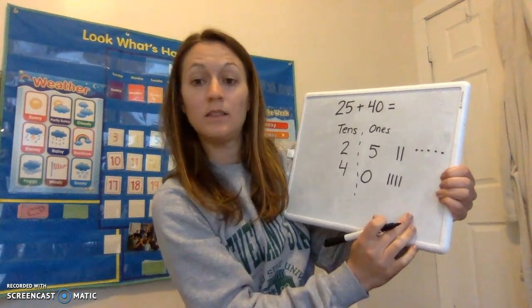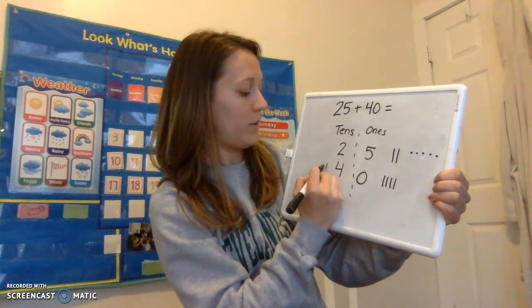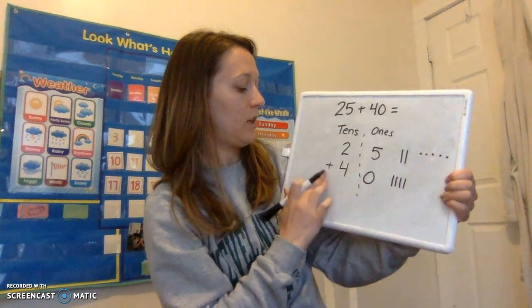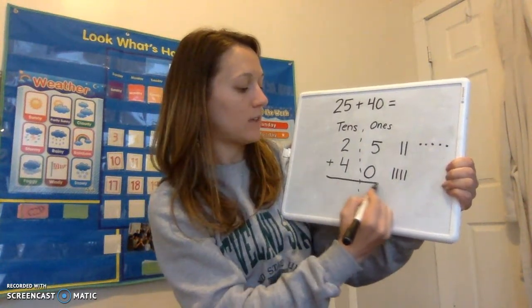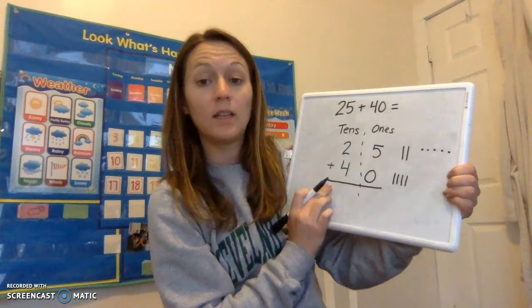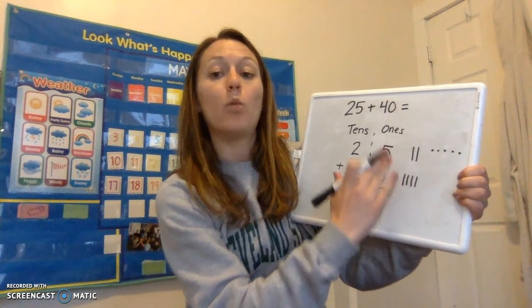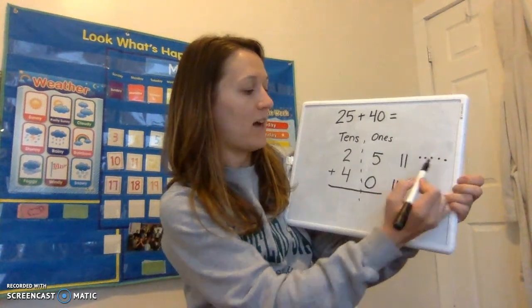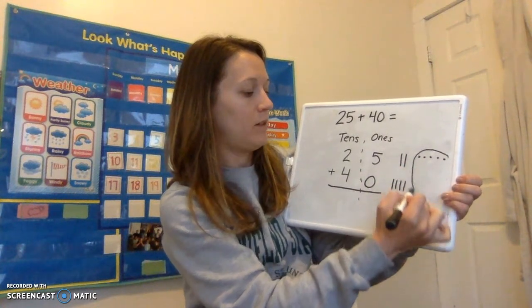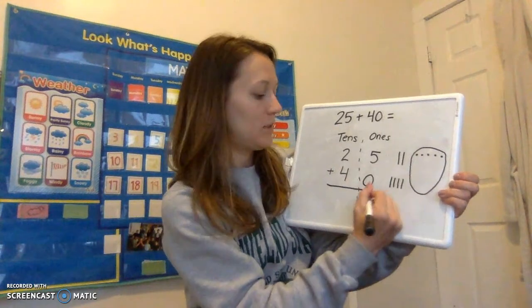and 0 ones. So when we add going up and down, or vertically, we have our addition symbol here, and the line going across is now our equals sign. When we add going up and down, we always start in the ones place, so on our right. So if I have 5 plus 0, what does that equal? It equals 5.